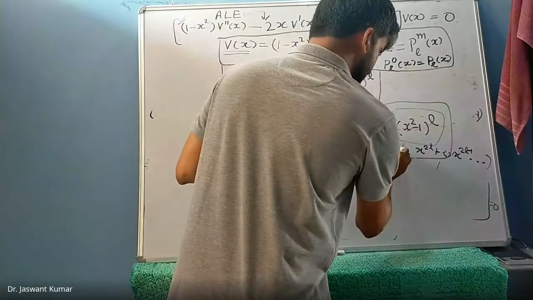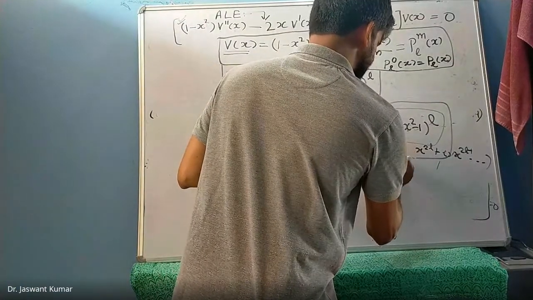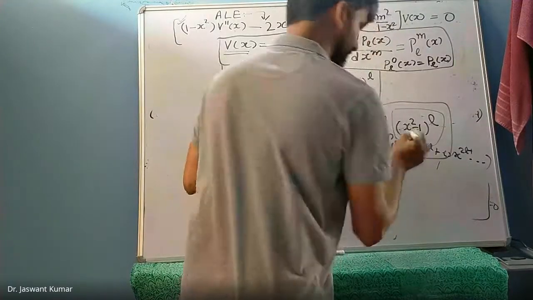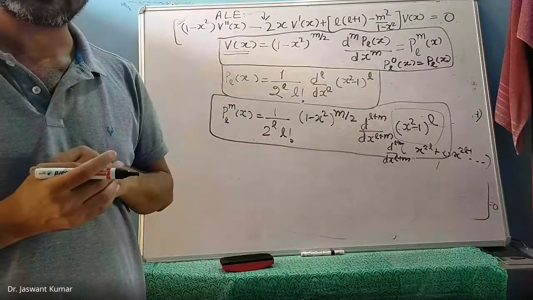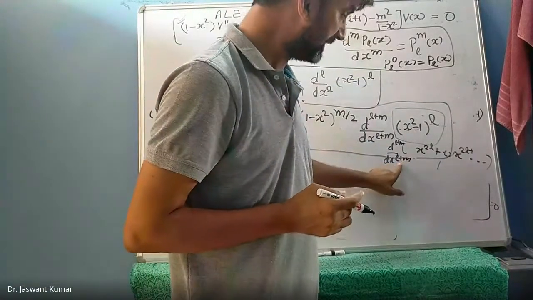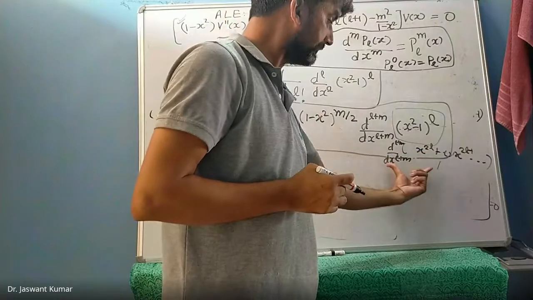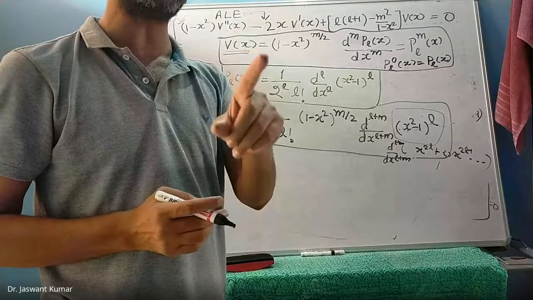This is taken as d^(L plus m) by dx^(L plus m). Now, if this L plus M is greater than this 2L, then what will be the value of this? Zero. What did I say?